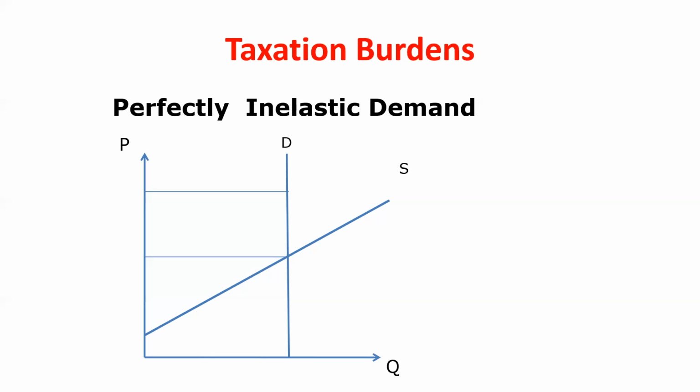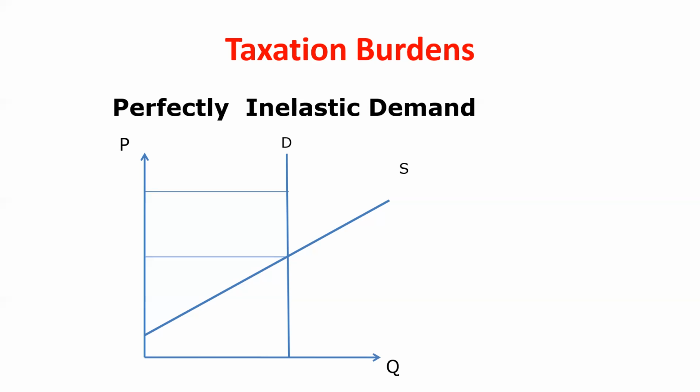Well, think about where the surplus loss is here. So what's producer surplus after this tax? Well, the price the sellers keep is still the same as it was before. Producer surplus actually doesn't change at all. What's happened to consumer surplus? Remember, it was the difference between the demand curve and the price they paid. But now the price they paid is up here.